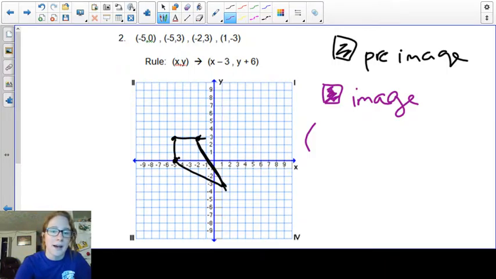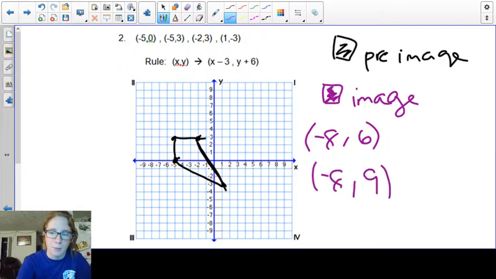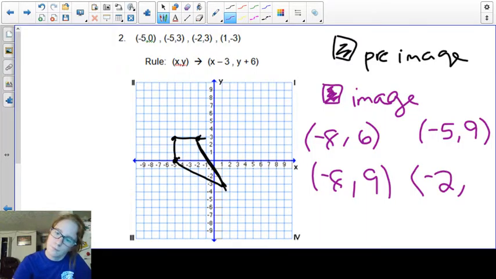So I'm going to be at -8, 6 for that first point, -8, 9 for that second point, -5, 9 for that third point, and -2, 3 for that last point.